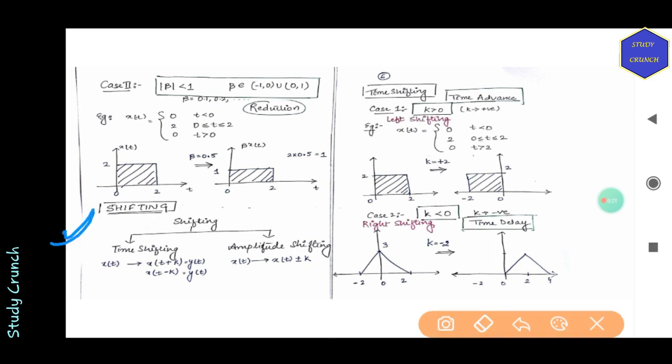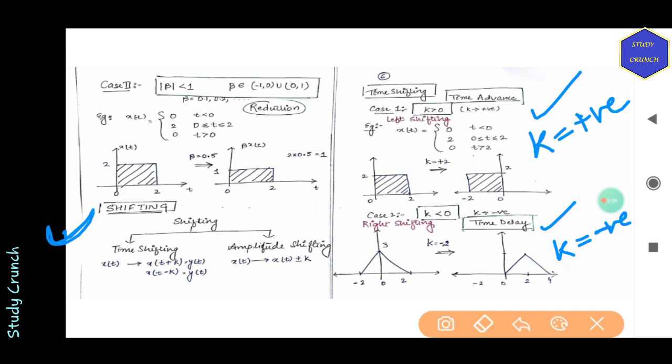Now we'll be talking about shifting. Shifting is another important topic. We have time shift, that is time delay and time advance. So in time advance means we are before time, so k will always be positive, whereas in time delay k will always be negative, as it is always delayed, that is we have time after that period.